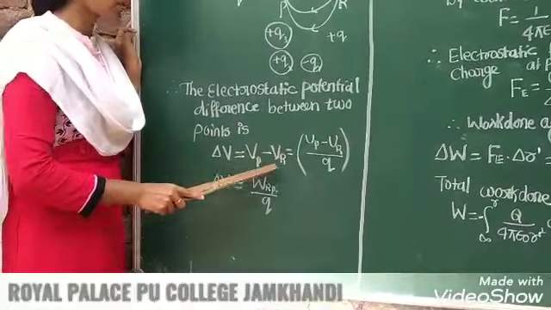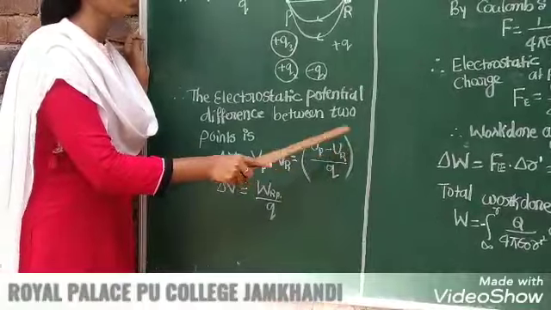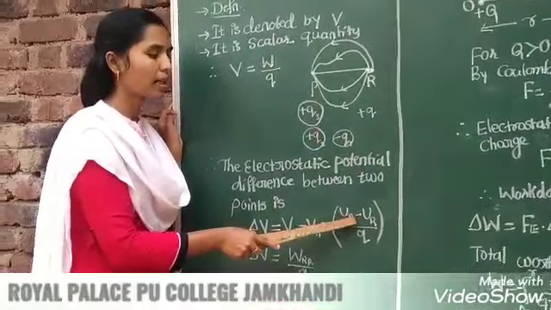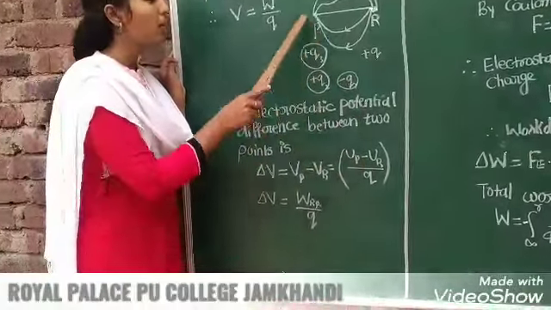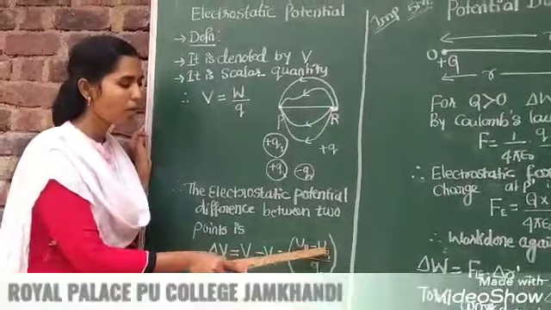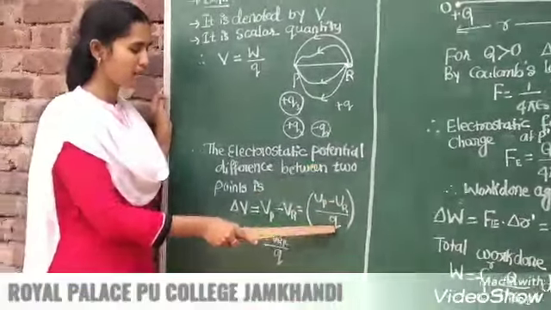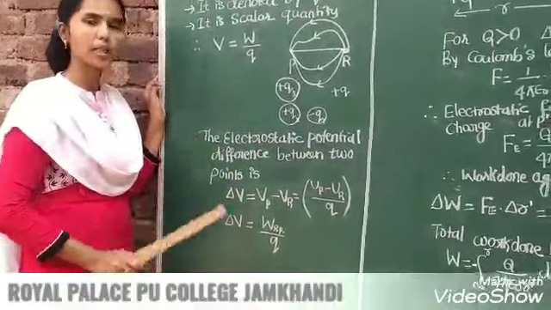Then this potential can again be expressed in terms of the work done, because already in the last class we know that W is equal to potential energy difference. So here (UP minus UR) upon Q can also be given for the potential difference.